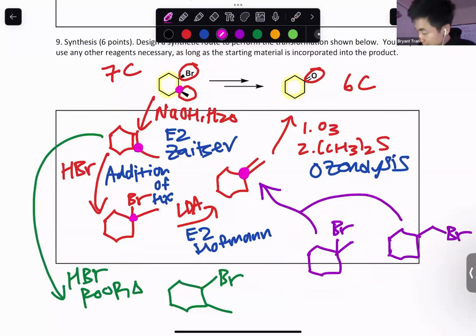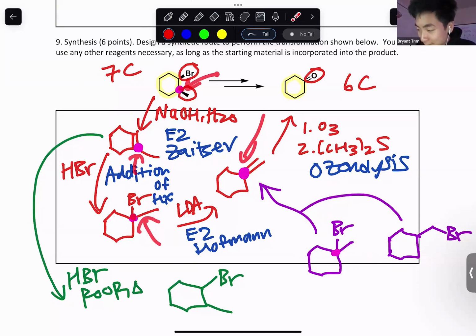Because if you look at the pink carbon right here, that pink carbon that I have been tracking all along in this synthesis, we see that that pink carbon is right next to this good leaving group bromine right there. And if I want to make a double bond right there, that's the more substituted alkene, the Markovnikov or Zaitsev alkene, right?